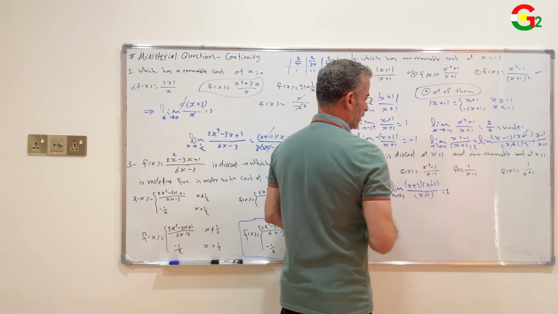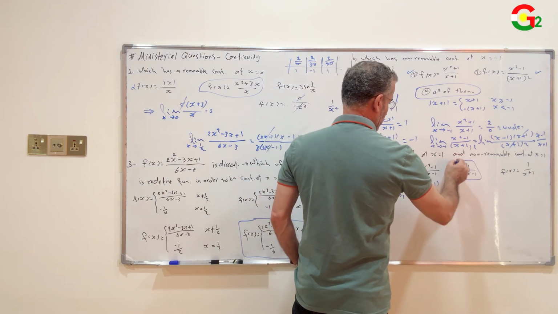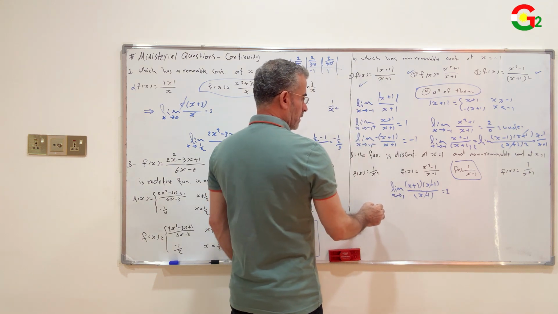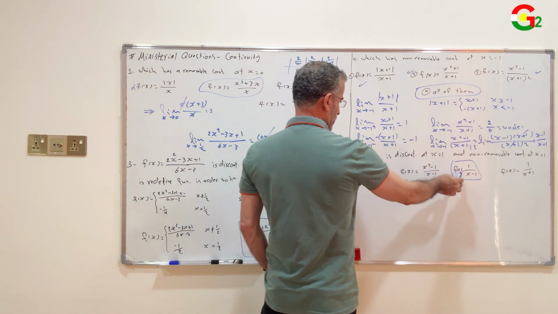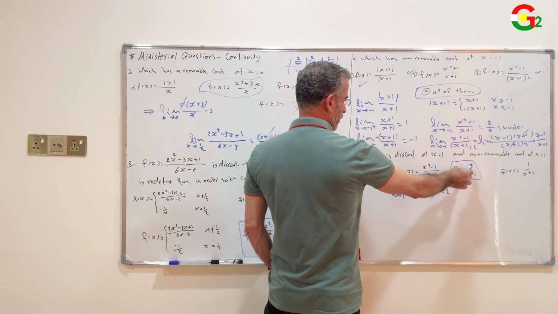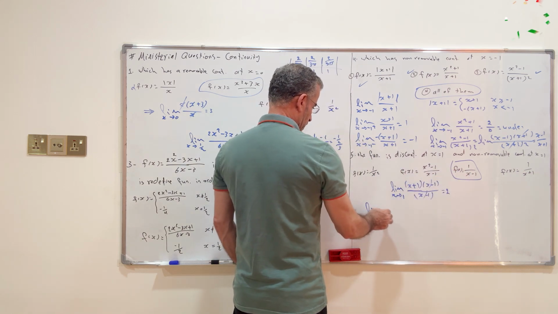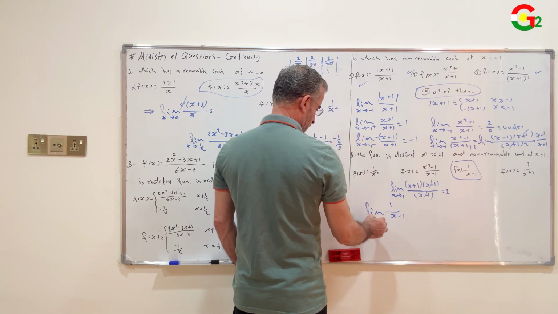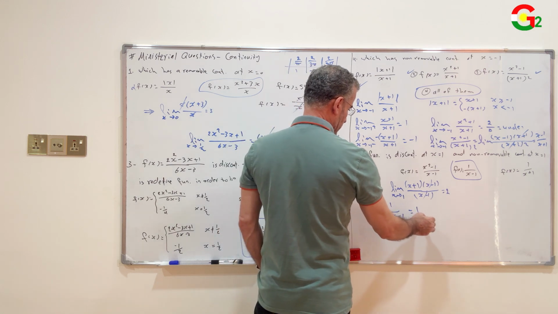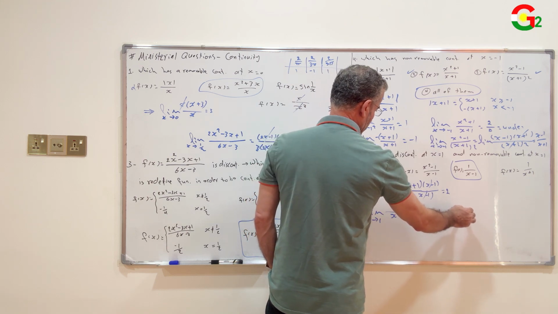For the third one, this function is discontinuous at 1 because f of 1 is undefined and the limit does not exist. Limit of 1 over x minus 1 when x approaches 1 equals 1 over 0, undefined, so the limit does not exist.